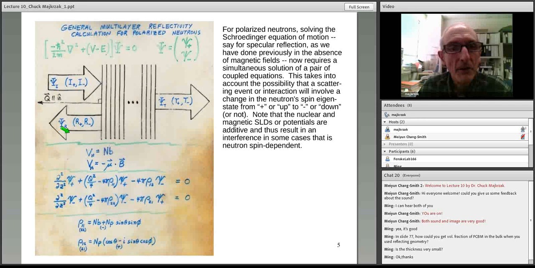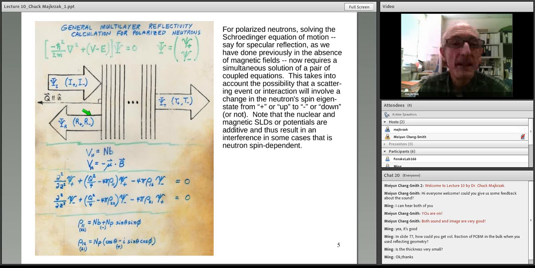Now remember from our lecture on Wednesday in our discussion of how we solve the one-dimensional Schrödinger equation for arbitrary structures of complicated shape and constitution, we solved the one-dimensional Schrödinger equation for specular reflection where all momentum transfer is normal to the plane of the film, and we got the depth profile.